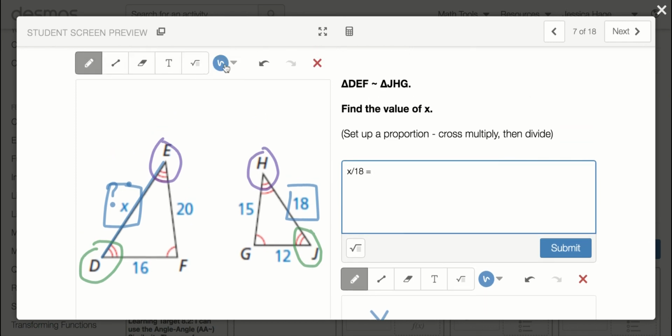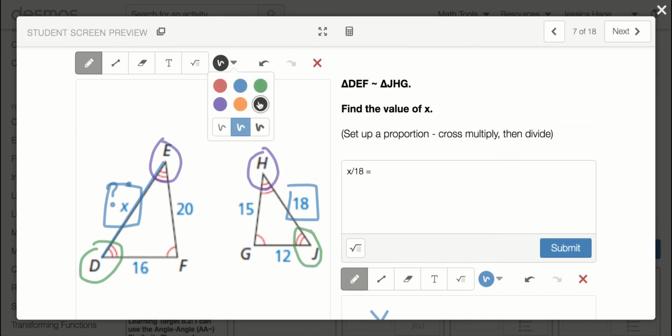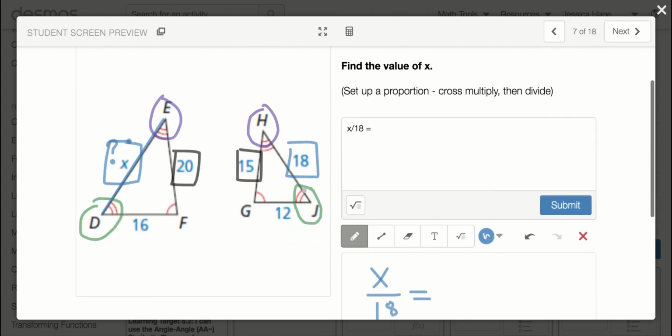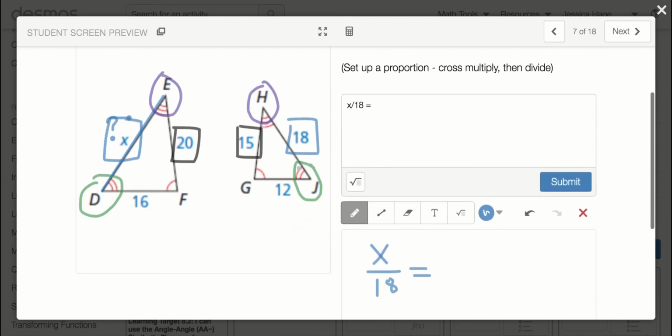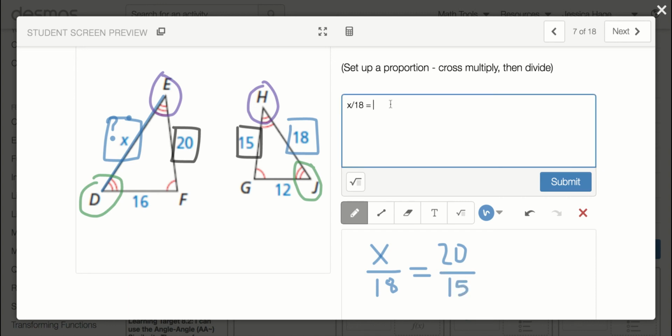So we're going to do 20 and 15, just because those are next to those. And you could do 16 and 12. Make sure that we put the number with x in the numerator, because we had x in our numerator, so we need to go back to the triangle on the left. We're going to put 20 at the top and 15 at the bottom. So now we've set up a proportion. X over 18 equals 20 over 15.